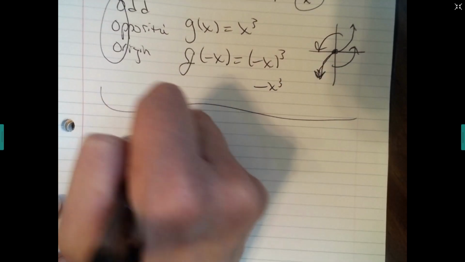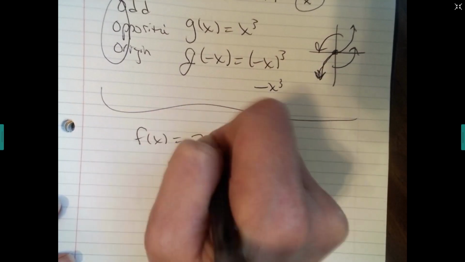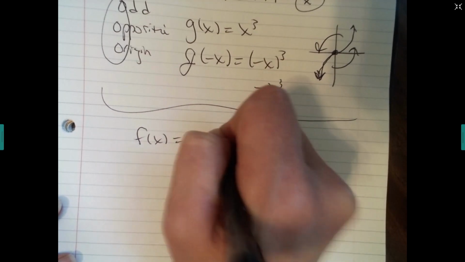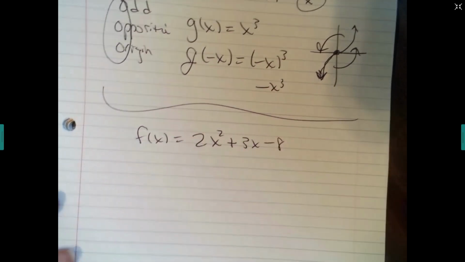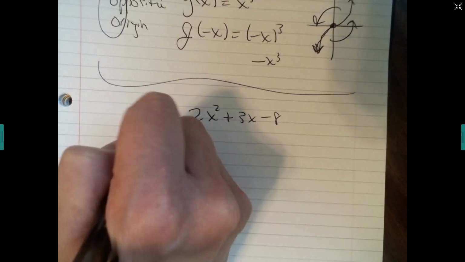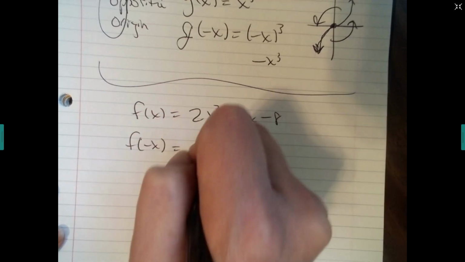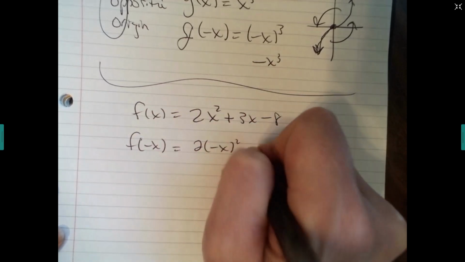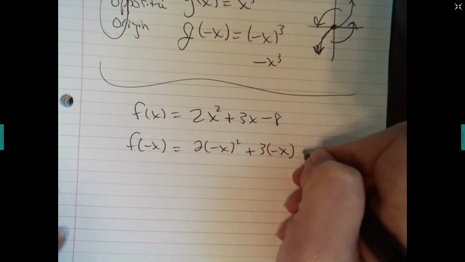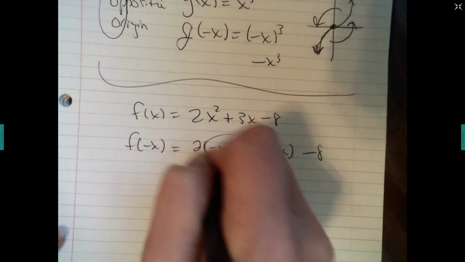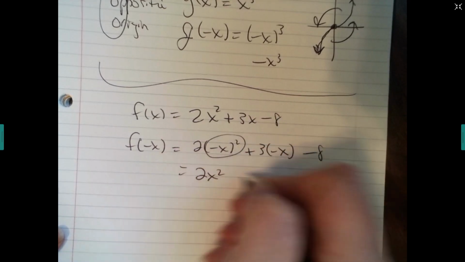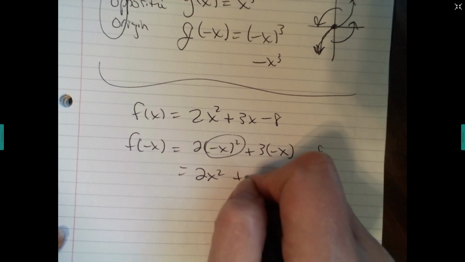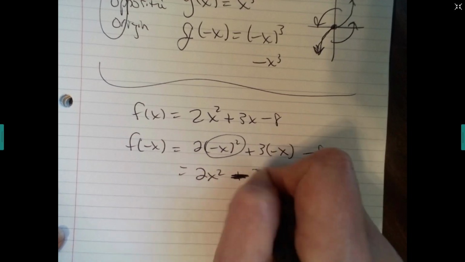Now, sometimes it's neither. So if you have a function, say 2x squared plus 3x minus 8 or something like that. All right, let's sub in the opposite of x and see what happens. So it's just a little test to see what's going on. Negative times a negative is a positive, 2x squared. There I get a negative, I'll just write minus 3x.